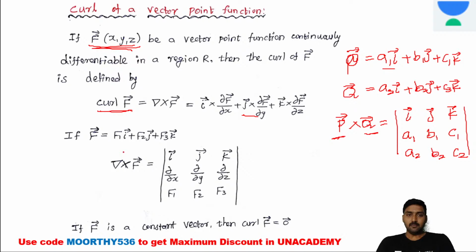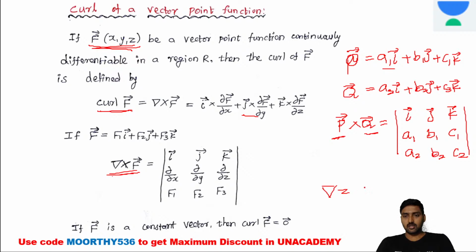The same here: we are multiplying del cross f vector. Del we are aware of.